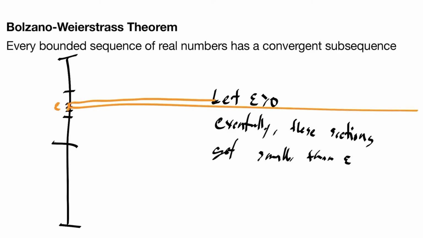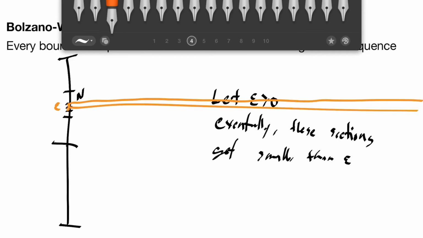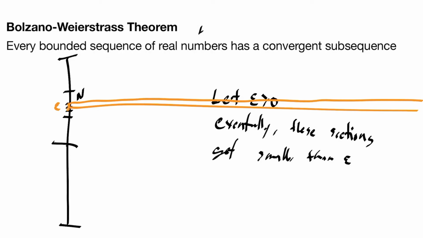So eventually you get to where there's some section here that's smaller than epsilon, and I have an infinite number of points. So every point after that, say this is section n, then all I have to do is take whatever I chose for that xn point, my capital N point, and cut it off right there.